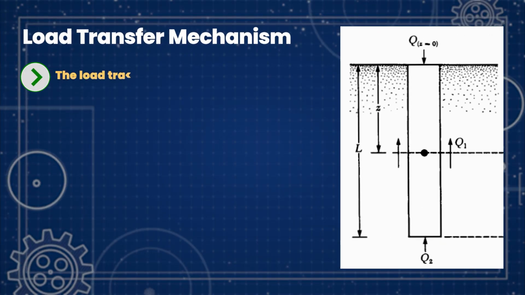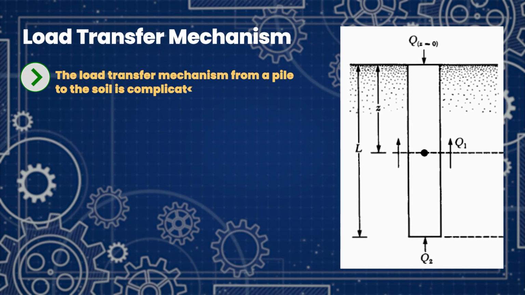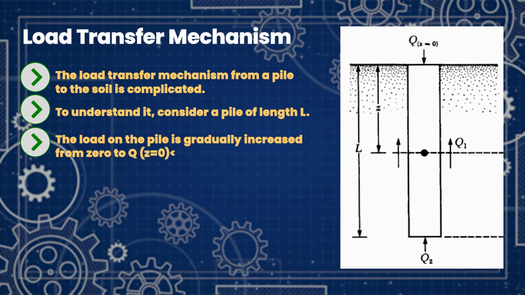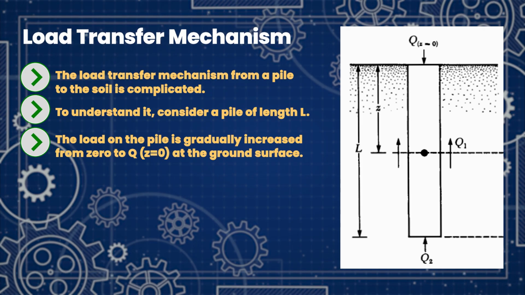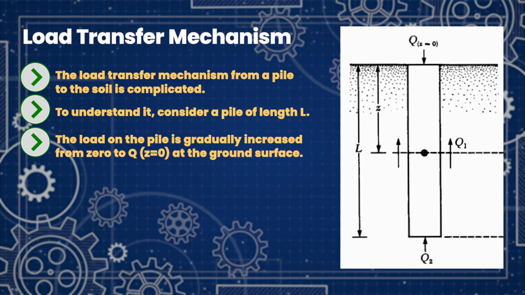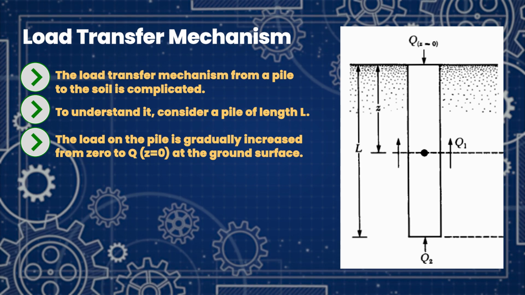Let me explain the mechanism in mathematical form. See, you are considering this pile, this is the total length L, this is the capital Q, the ultimate load. You are going with respect to depth, from ground level, that is why Z equals 0. So, what will happen?